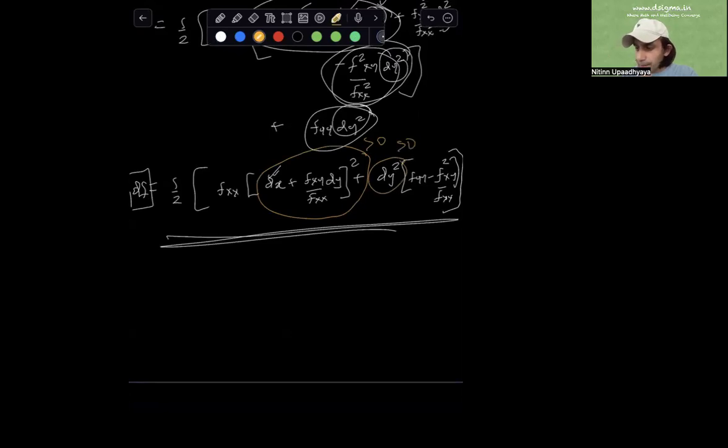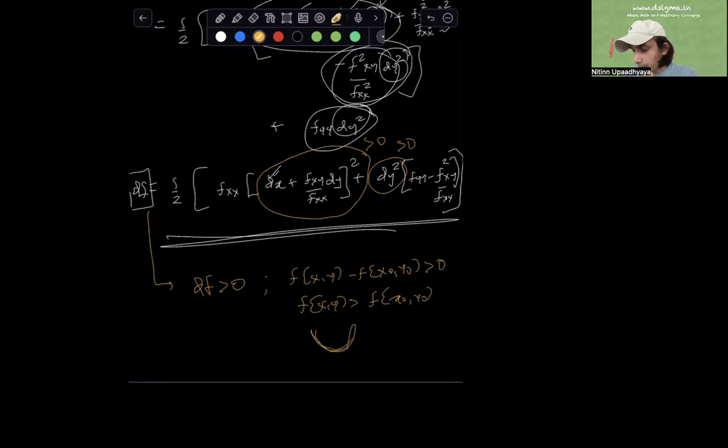So in order for this expression df to be always positive, if I want to ensure that df is always positive, which will imply that for any point, f(x, y) minus f(x naught, y naught) is positive, which means that f(x, y) is greater than the value that the function takes at x naught, y naught, which means you will have some kind of a minima here, right?